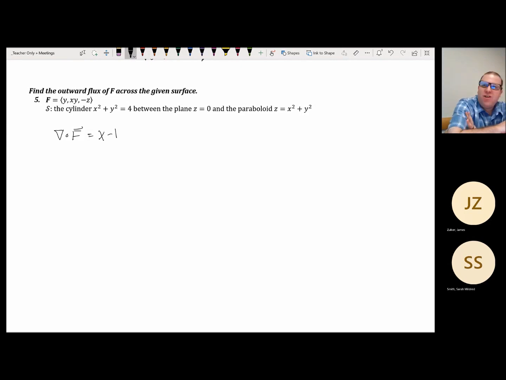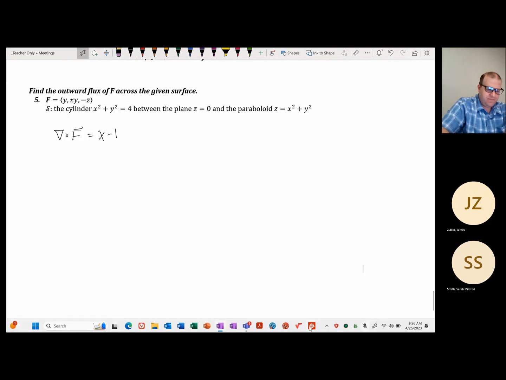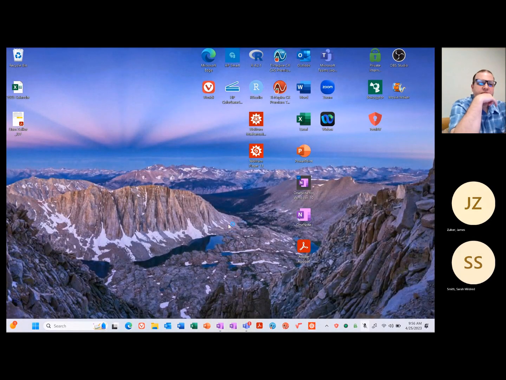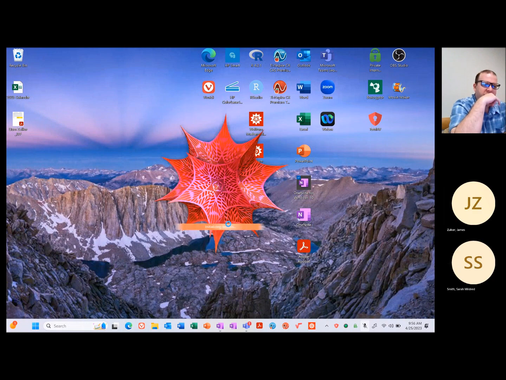Now I need to describe the region that this surface encloses. Let's go ahead and plot it.